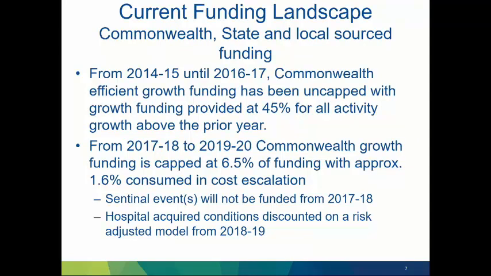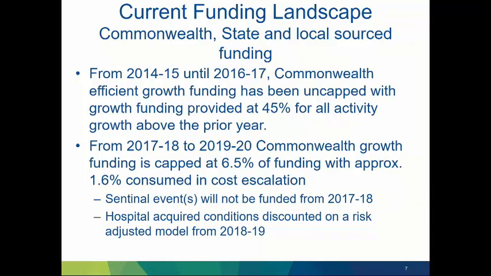For the current funding landscape, there's Commonwealth, state and local sourced funding. And in terms of the Commonwealth funding from 14-15 to 16-17, the Commonwealth efficient growth was uncapped. And across Queensland, for example, we saw a fantastic growth in level of activity.